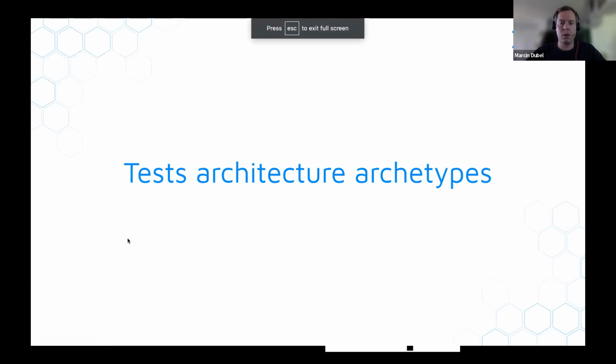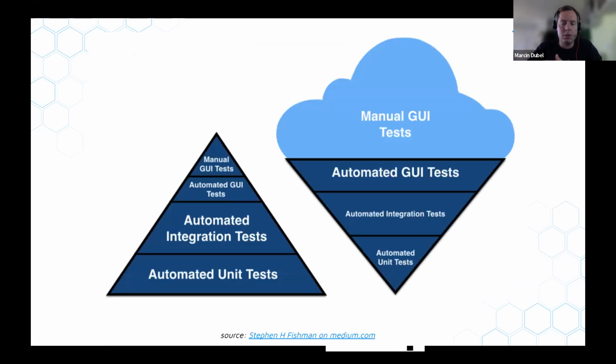Okay. So let's start with the archetypes of test architecture. We will go from a high level overview, and then we'll go into details. Basically, in literature, you can find those two architectures for the tests. There is a testing pyramid that you can see on the left, and there is a testing cone that you can see on the right.